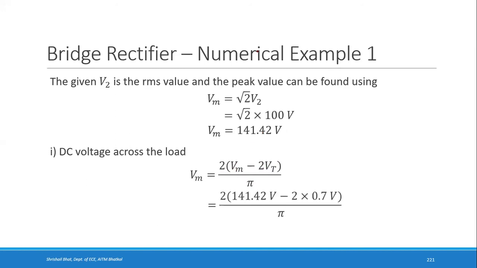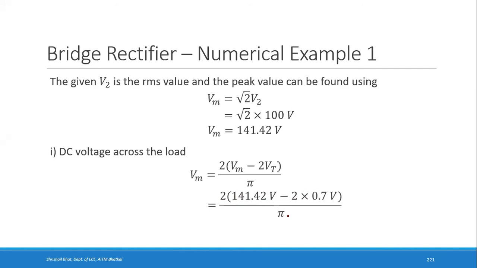So Vm is 141.42, which you have obtained here, minus 2 into Vt, which is 0.7. Calculate this and tell what you get. 2 into (141.42 volts minus 2 into 0.7). This has to be calculated first, then multiply by 2 divided by pi.